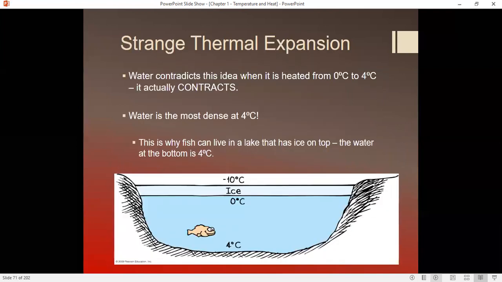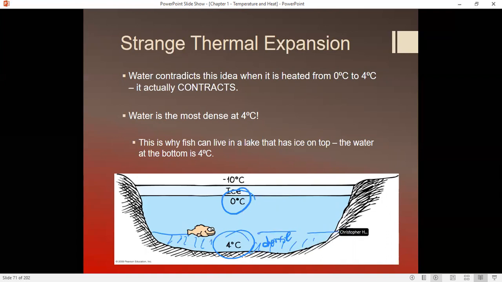It's one of the reasons why during the coldest months in a lake, fish will actually go to the bottom because that's where it's warmest, okay? Near the surface where the water is freezing, the water is actually at 0 degrees Celsius. Now, think about this. At 4 degrees, the water is at its densest, okay? So 4-degree water is going to settle at the bottom here.